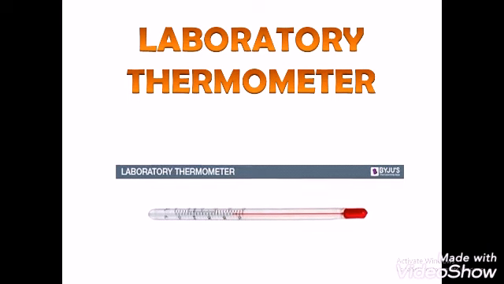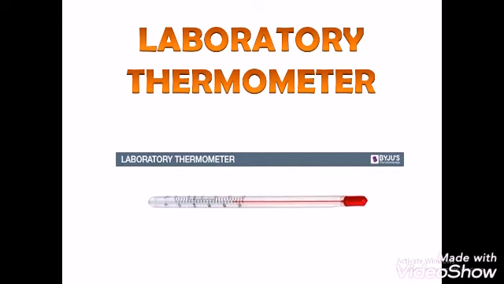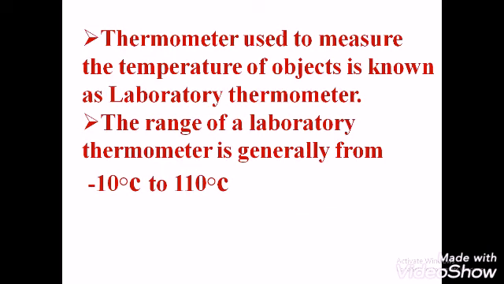Okay, this is the picture of a laboratory thermometer. The range of the laboratory thermometer is generally from -10 degrees Celsius to 110 degrees Celsius. The thermometer used to measure the temperature of other objects is known as the laboratory thermometer, and its range is from -10 degrees Celsius to 110 degrees Celsius.